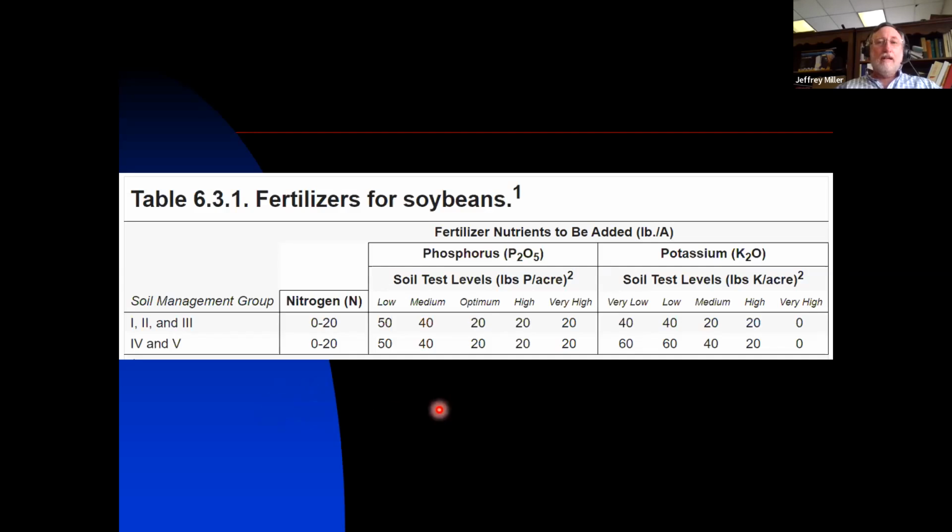You're leaving all that trash on the surface, very high carbon rate, very low nitrogen rate. And so the bugs in the soil look at that and say, wow, this is like candy. We're eating all this sugar, the carbon, but they need some amount of nitrogen to produce that many more microbes in the soil. And where do they get the nitrogen from? The soil. And what are they competing with? Your soybean crop.